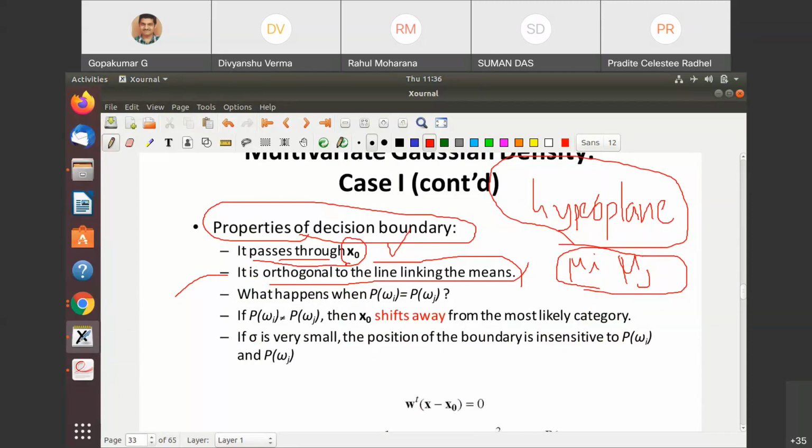This is similar to the equation of a straight line you have studied, y is equal to mx plus c, where the slope of the line determines the orientation or the direction of the line, and c, we call it the y-intercept, decides how far it is from the origin. Our discussion is a very generalized one, and the equation of a straight line that we have discussed is a very specific case. We will come to this point later also, but these are two important properties.